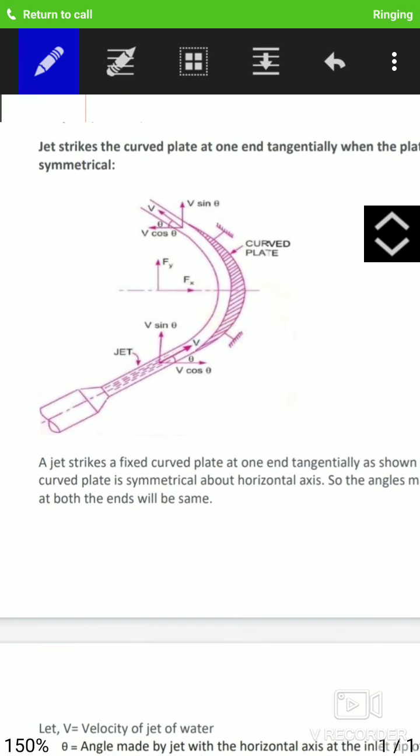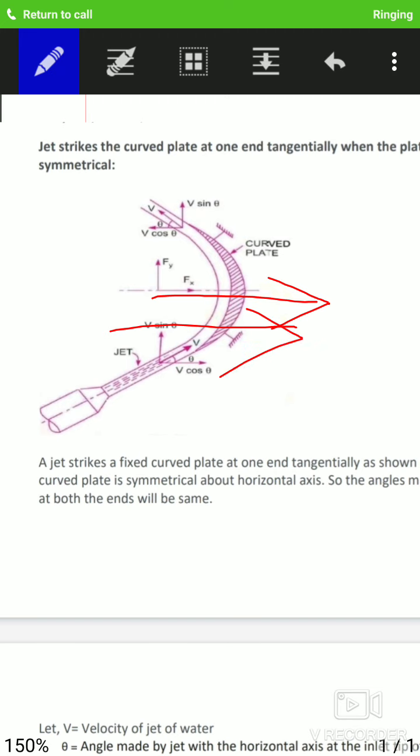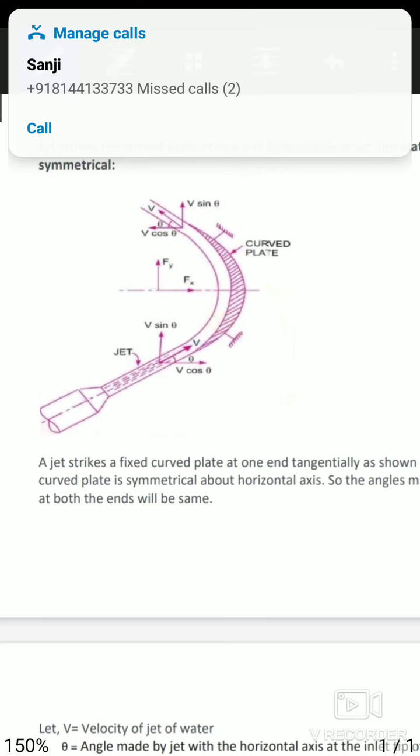We need to derive the expression for force in the horizontal direction. That's why the initial velocity should be in this direction, and similarly the final velocity also should be in this direction. So we have to find the expression of velocity in the horizontal direction, both in the initial and final cases.